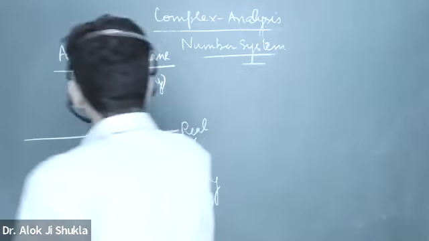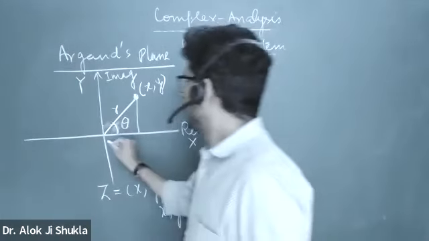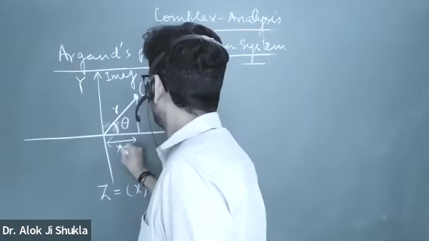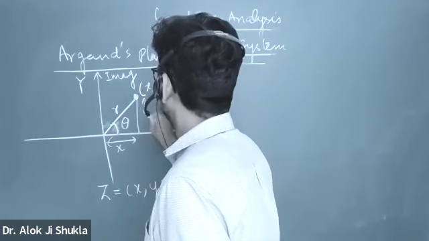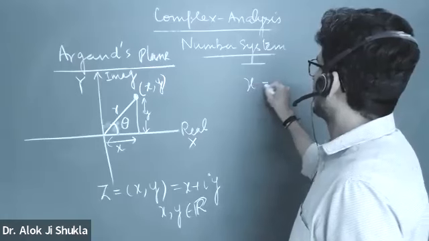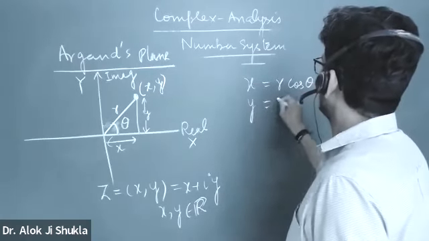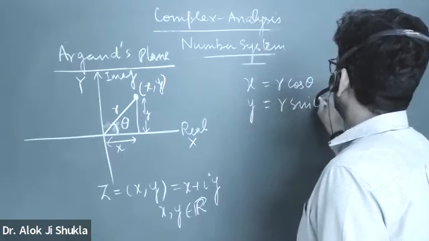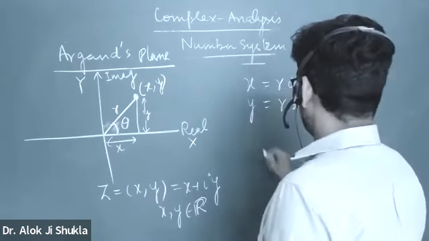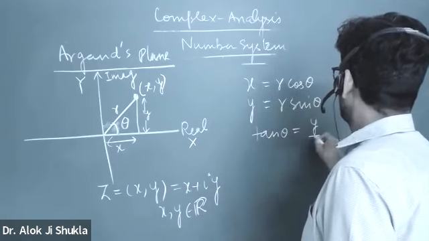You will just make a triangle. You will say this one is x, this one is y. You will say x is equal to r cos theta, y is equal to r sin theta, and tan theta is equal to y by x.